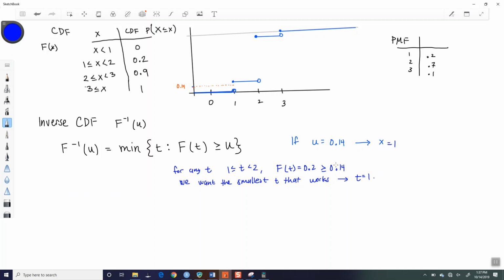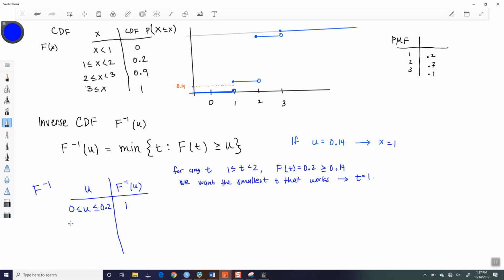Is that right? Okay, and so the resulting inverse: u can be any value between 0 and 1, and so what we have is that for u between 0 and 0.2, we're going to get 1, okay?